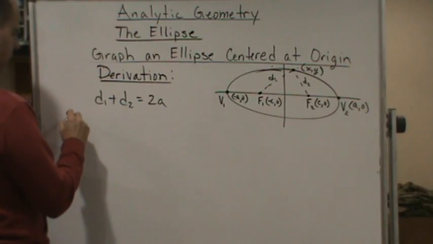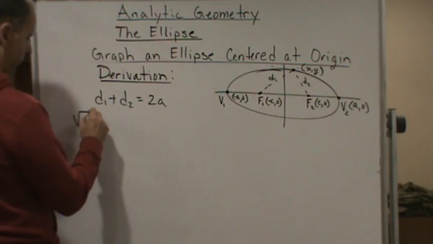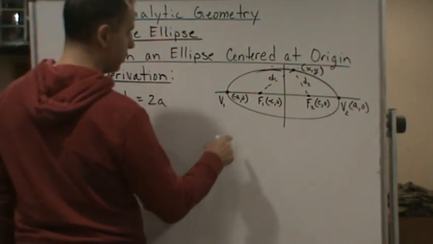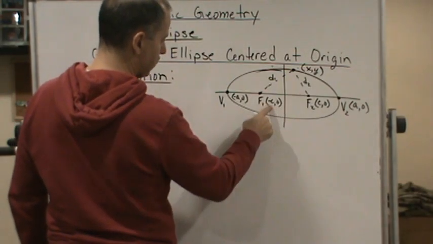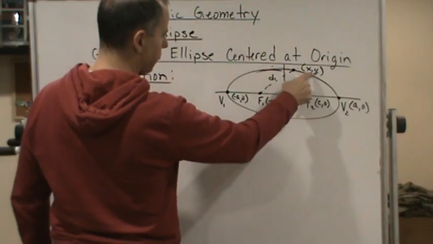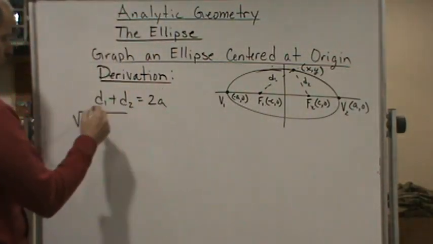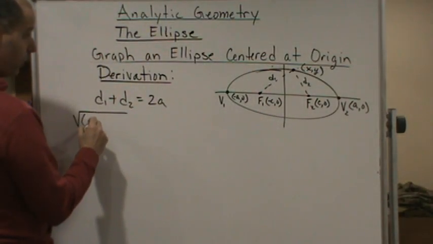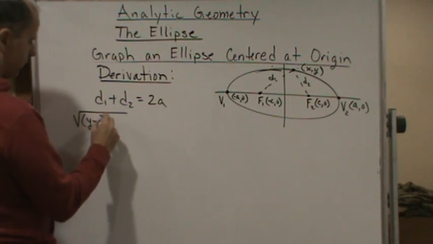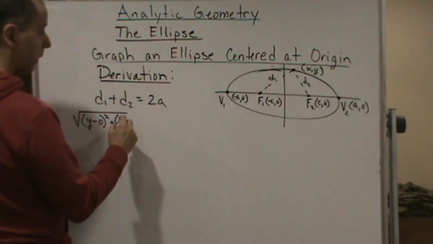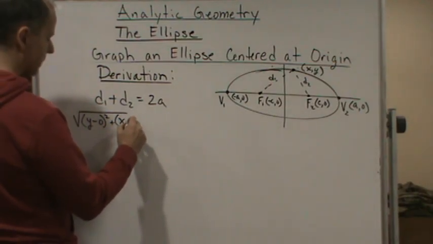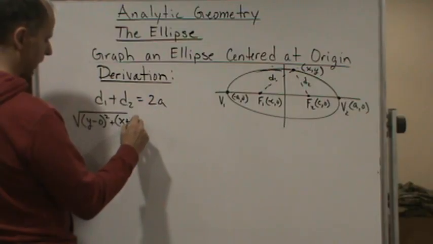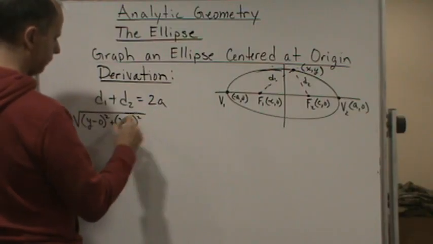So the first distance is going to be what? From this point to this point, so negative c comma 0 to x comma y. Using the distance formula, that's going to be the square root of y minus 0 squared plus x minus a negative c, which would be plus c, quantity squared.